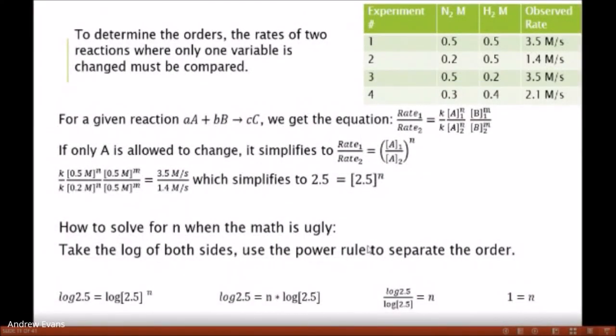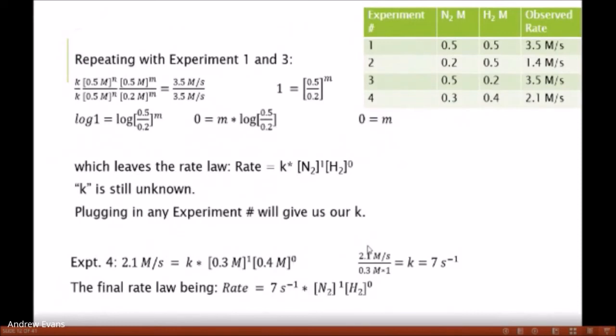Now let's look at this. Now repeating this with experiments 1 and 3. So we're always changing one variable, and then we do another experiment where we change the other variable, and we keep going. In this case, we're looking at what happens when hydrogen changes. Well, hydrogen changes from 0.5 to 0.2, the rate is 3.5 over 3.5, or 1.